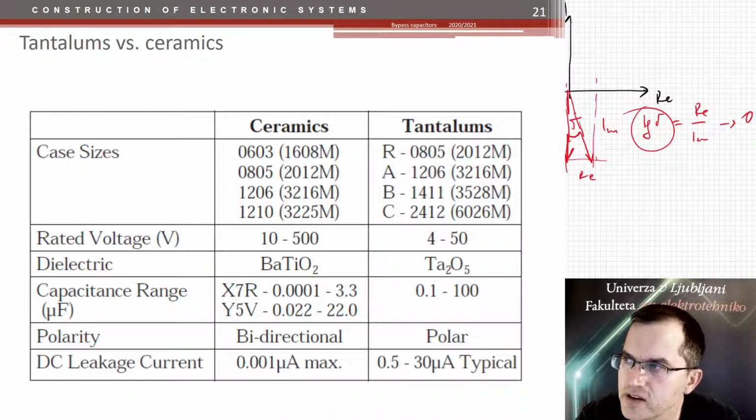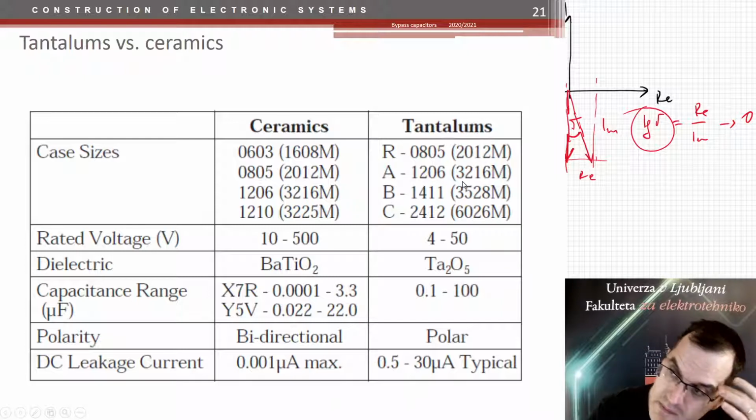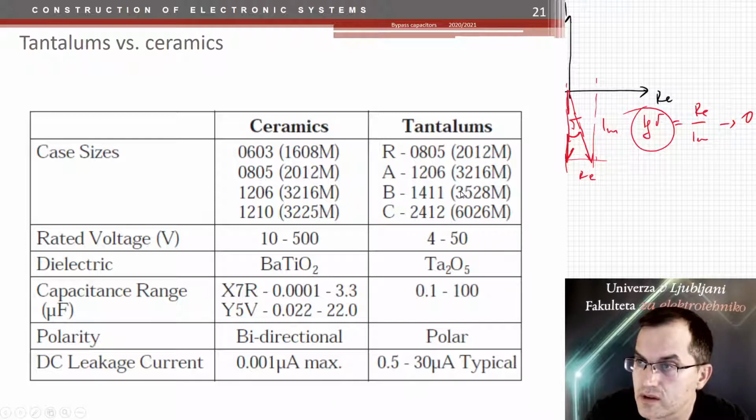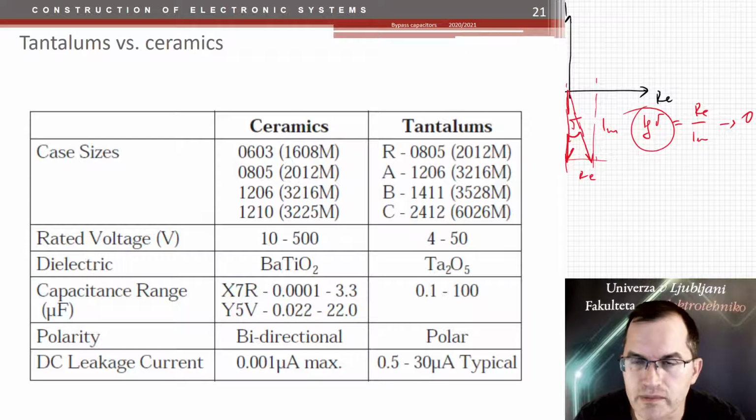If you compare ceramic and tantalum capacitors, you see that they are of similar sizes. Maybe tantalum are a little bit larger, and they are rated to lower voltages. The range of capacitance is of course much larger, but they are polarized, and you have to take care how you turn them.